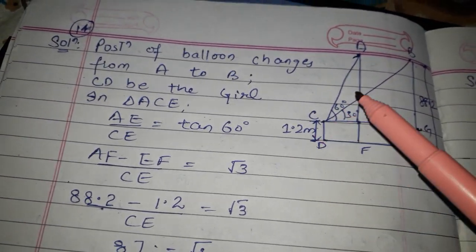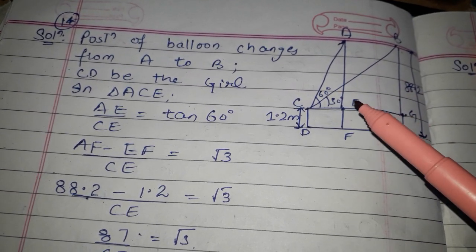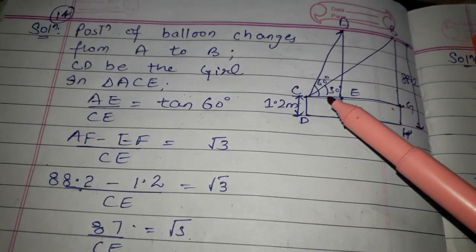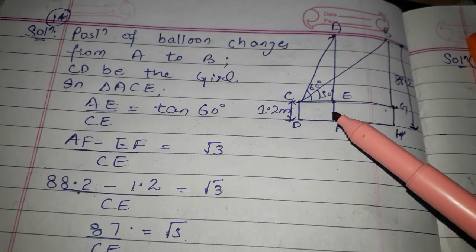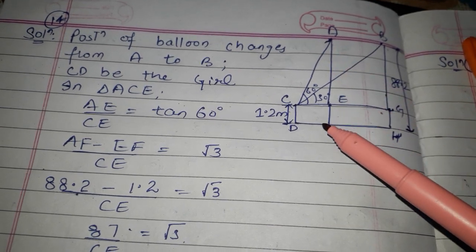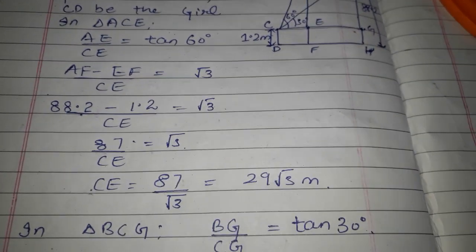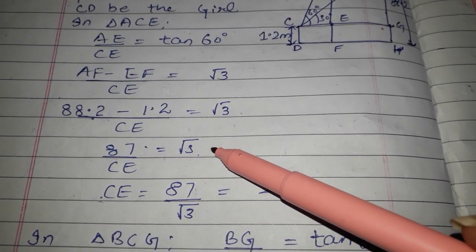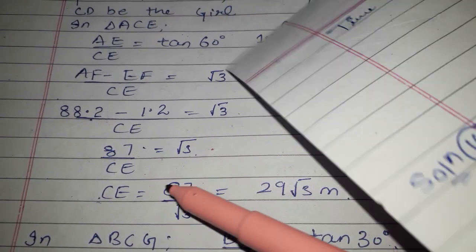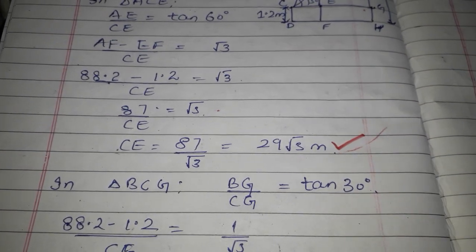CD is the girl. In triangle ACE, AE upon CE is equal to tan 60 degree. AE can be written as AF minus EF, as it is 88.2 and this is 1.2. Tan 60 degree is root 3. So 87 upon CE is equal to root 3. CE can be written as 87 upon root 3, or 29 root 3 meter.